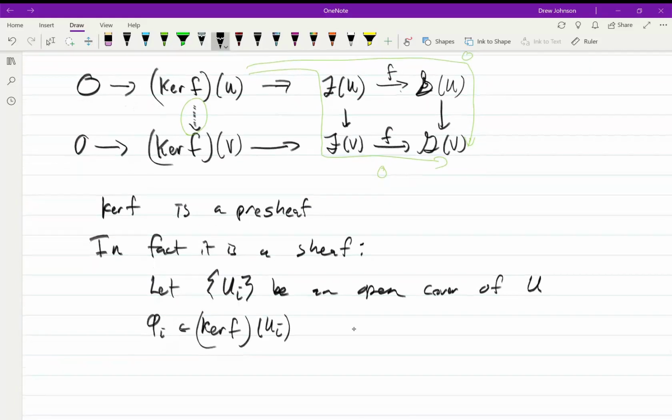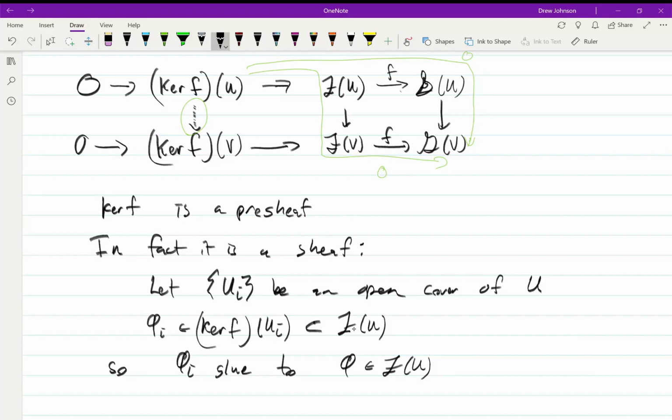Now we want to show that these phi_i glue to a section of the kernel of f on U. Now, the kernel of f on U_i is a submodule of F(U_i), because the kernel is a submodule. And so we do know that the phi_i glue to some section phi of F(U).